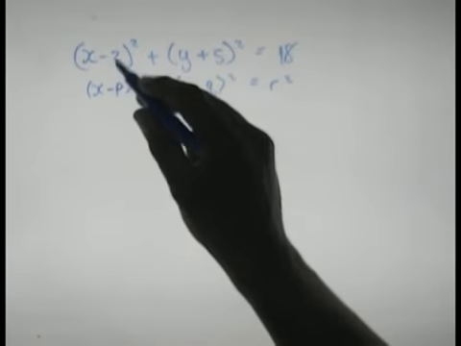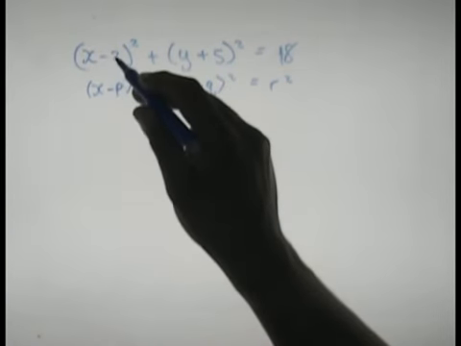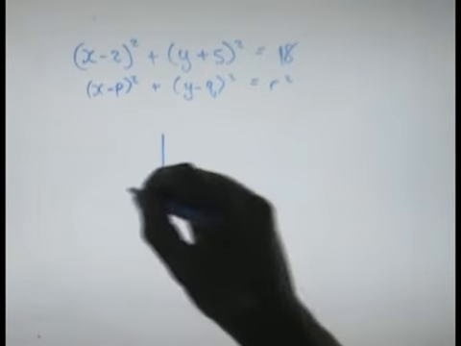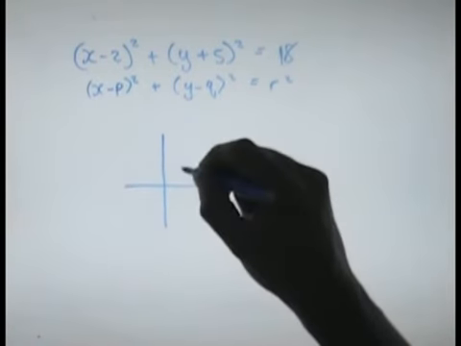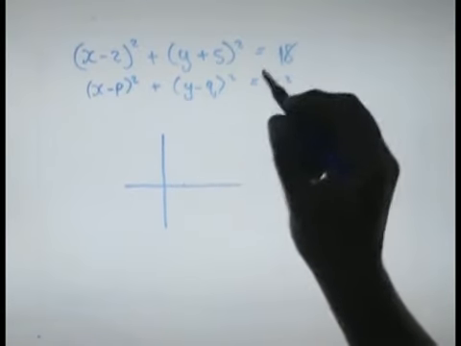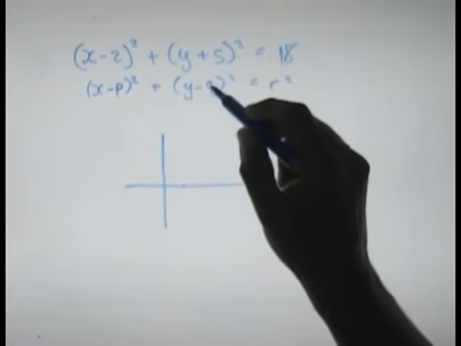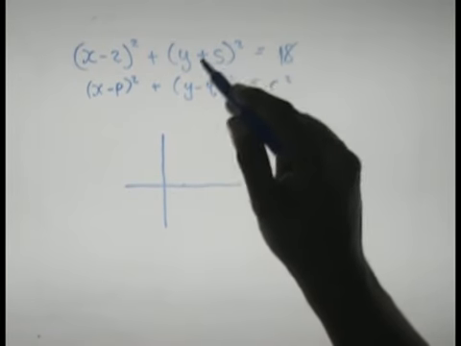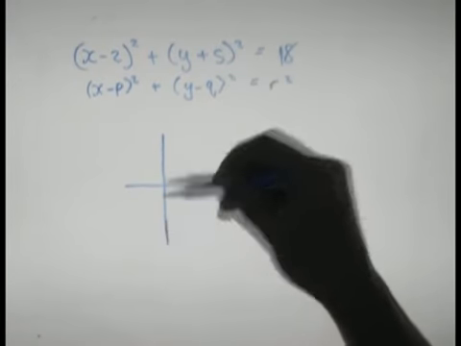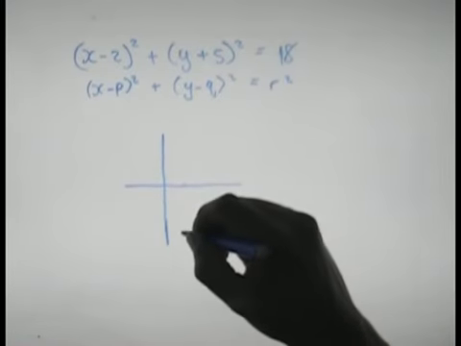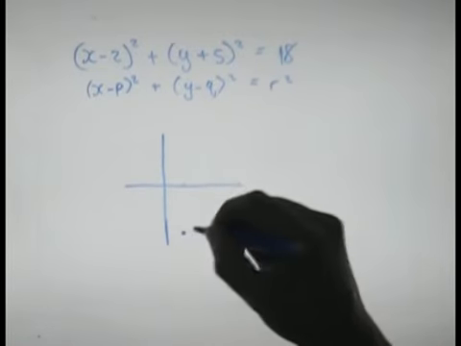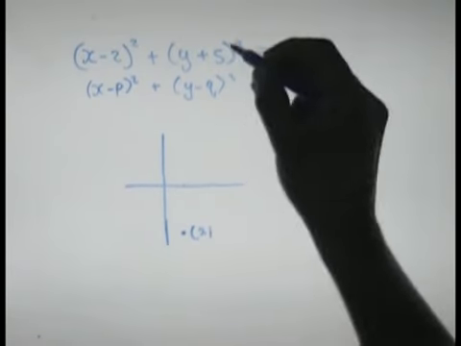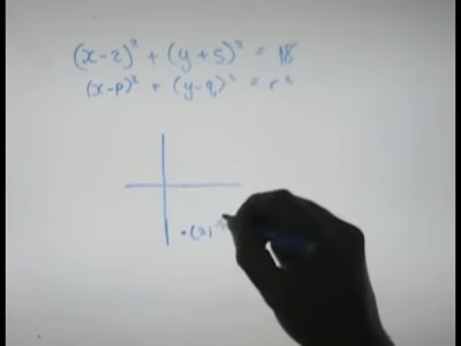That means that p, the x value of the center of the circle, is equal to positive 2. And y is equal to negative 5, because that's y minus q, and that one there is y plus 5. That means that the y value is negative 5. So our center is that x is equal to 2, y is equal to negative 5.